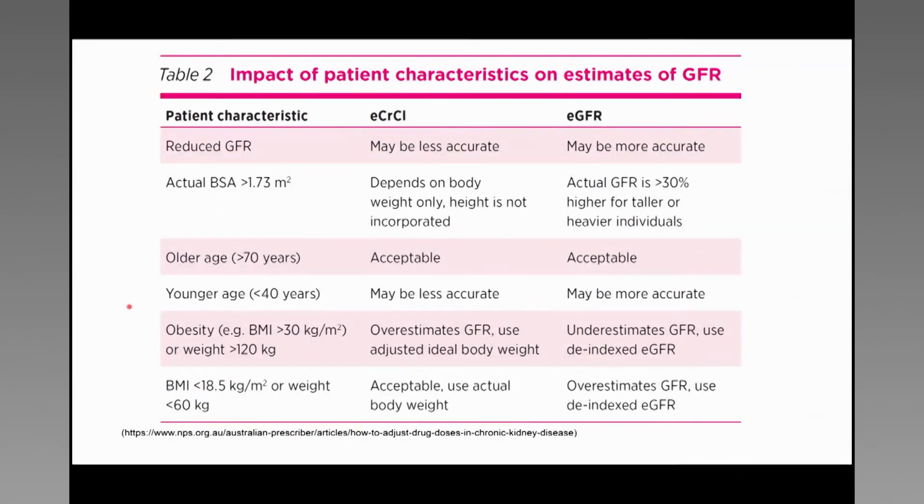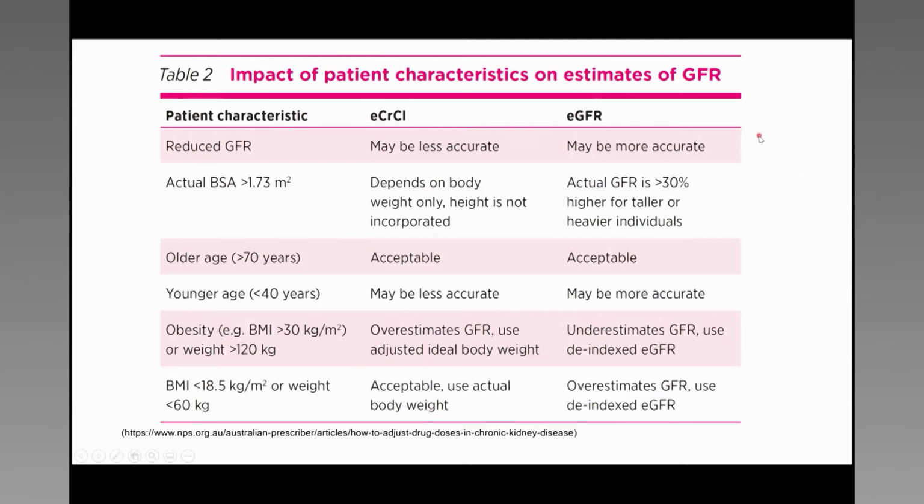This is a summary table which talks about how different patient characteristics may impact on the eCreatinine clearance or the eGFR, from a paper that we wrote a year or two ago in a journal called the Australian Prescriber. And it shows how in patients with reduced GFR or higher body surface area, older age, younger age, obesity, or perhaps particularly more lean, which of these two formulas may be more accurate or less accurate.